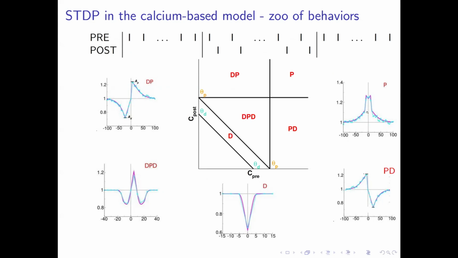But we can also have regions where the curve is temporally symmetric, and trivially it's temporally symmetric if C post and C pre are the same, right? Then the curves must be symmetric, as in this case. So this looks like plasticity in CA3. This looks more like plasticity seen in other systems like hippocampal cultures, for instance.